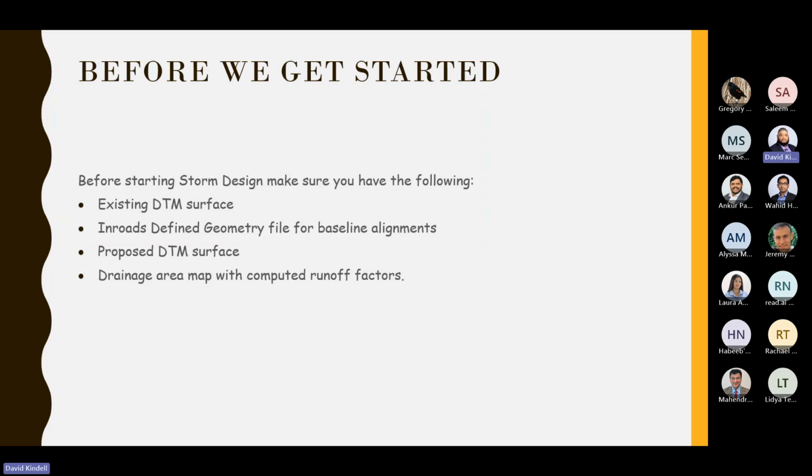And you have a proposed DTM file and a drainage area map with computed runoff factors. And by that, I mean we use the rational method as we covered in the first part for the storm drain systems.